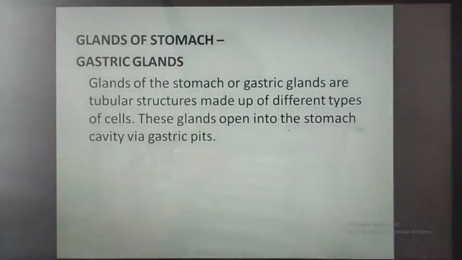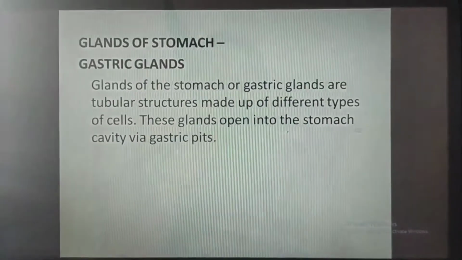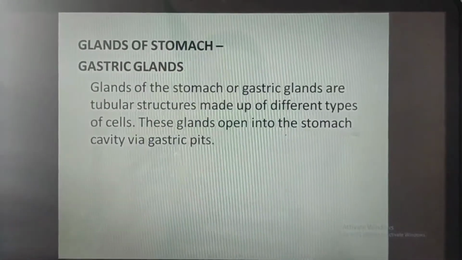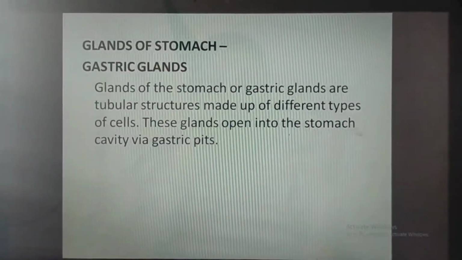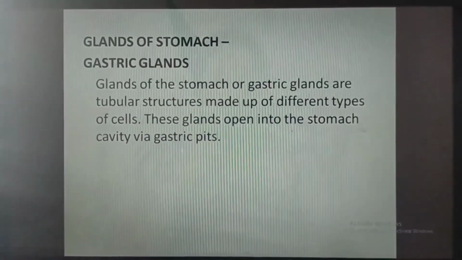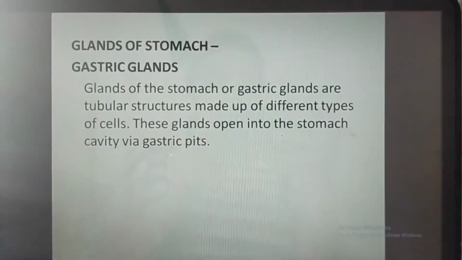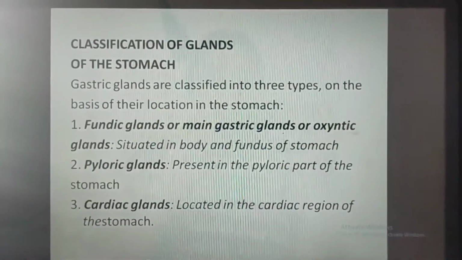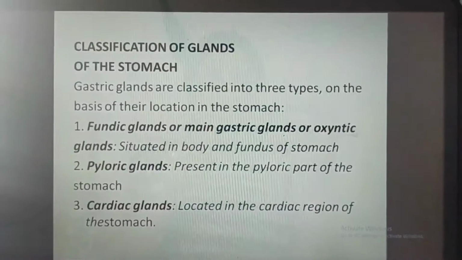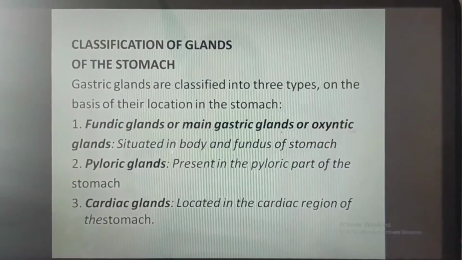Now we'll talk about the glands of the stomach. Gastric glands. Glands of the stomach or gastric glands are tubular structures made up of different types of cells. These glands open into the stomach cavity via gastric pits. Classification of glands of the stomach.